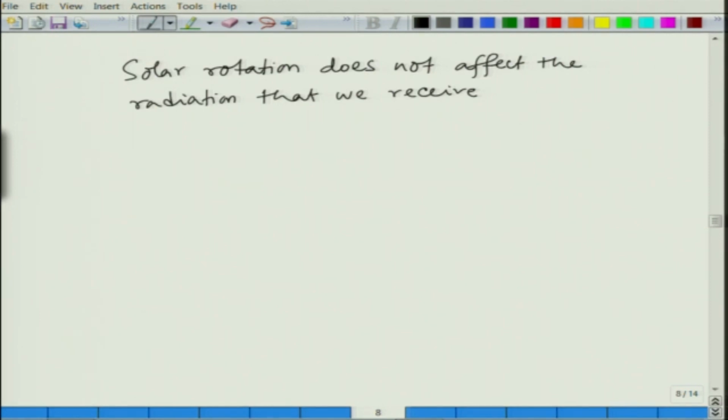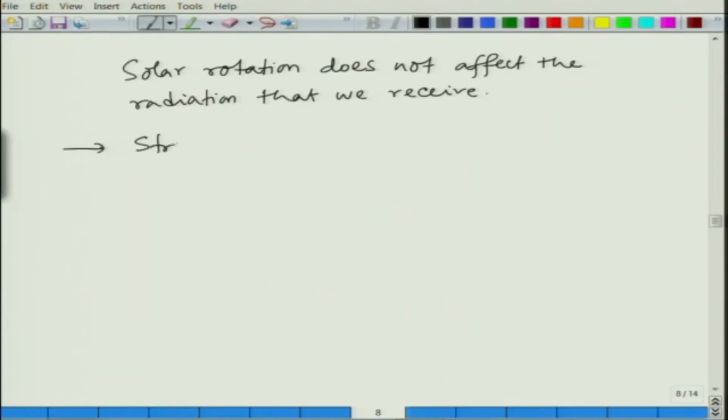So, it does not affect the radiation, and that is why we do not care about the solar rotation. Okay. Just a fact I wanted to share with you. Now, what matters is how that radiation is getting generated, okay, because that will tell us the spectrum of it and all other details. So, the structure of sun that matters.